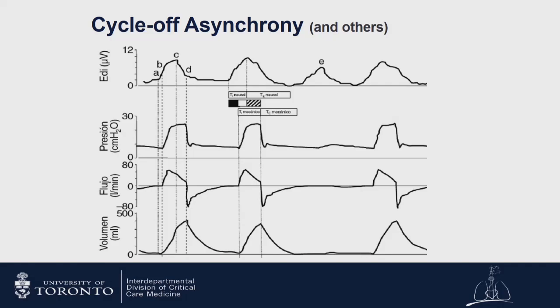But in fact, all of that cross-hatched time there, you can see the ventilator is still in inspiration. So this is an example of both delayed triggering and cycle off asynchrony, where there's very little of the patient's inspiratory neural inspiration that the ventilator is in sync with. Next slide, please.